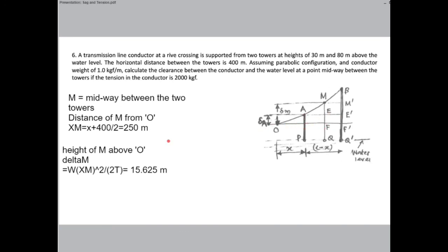So 50 plus 200, that's giving us 250. Now we are using that xm here to calculate the sag, meaning this delta m, the vertical distance between M and the lowest point of the conductor. So that's 15.625 meter.